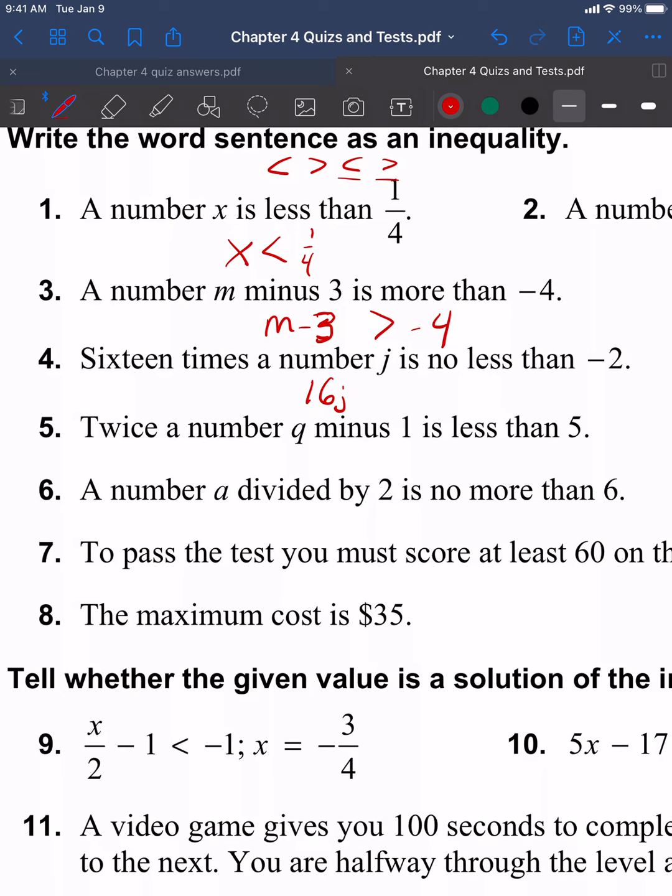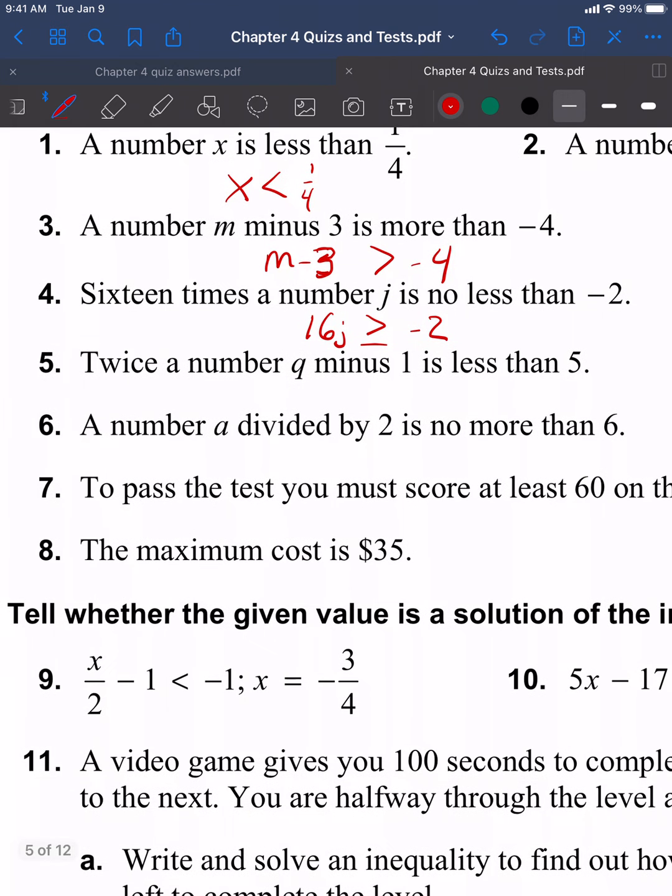Is no less than -2. So what are you saying, Gavin? Greater than or equal to. So could the 16j be 0? Yeah. Could it be 10? Yeah. Could it be negative 4? Because it can't be less than negative 2, right? Right. Good job.